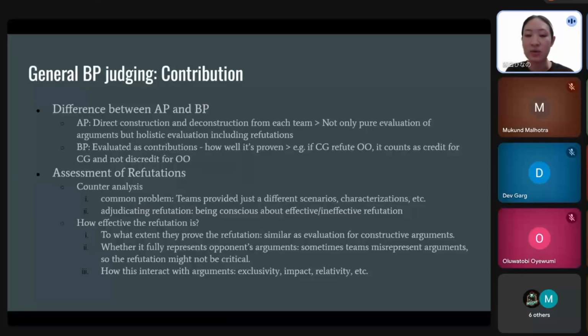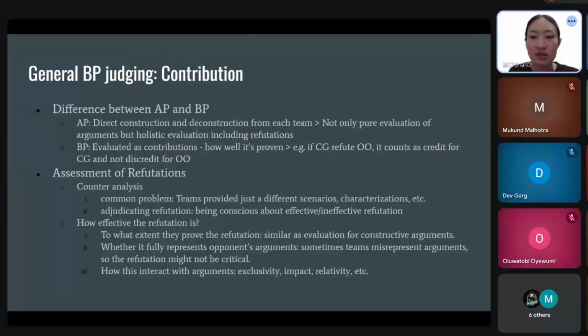That's why I think it's also important to acknowledge how each refutation interacts with what the teams' intention is. So these are the assessments of a refutation, especially in BP judging.